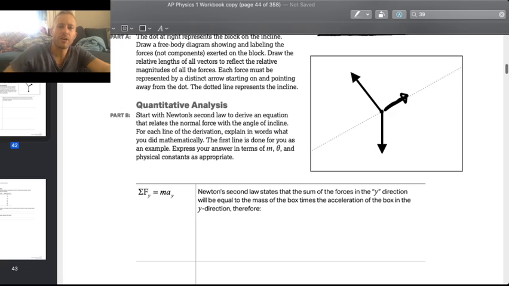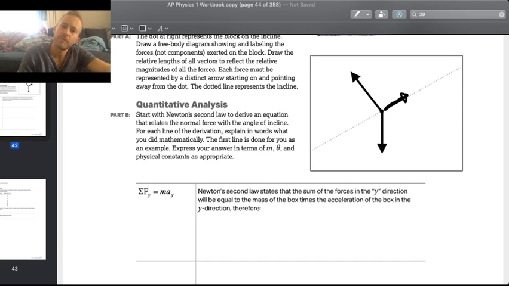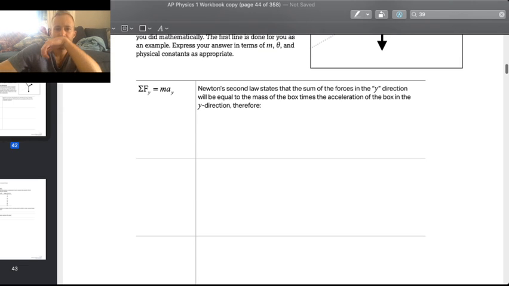Start with Newton's second law to derive an equation that relates the normal force with the angle of the incline. For each line of the derivation, explain in words what you did mathematically.